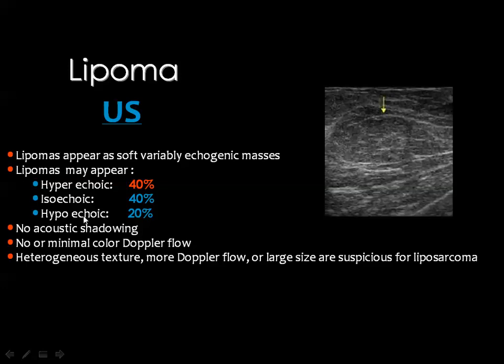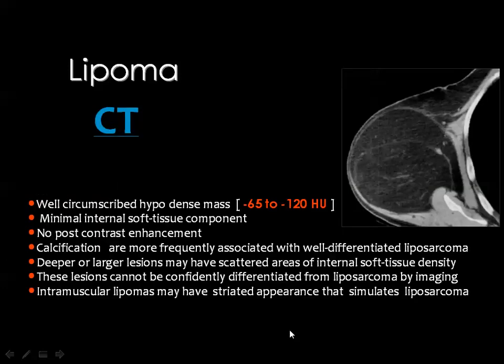There is no acoustic shadowing, and there is no blood supply or Doppler flow within the lesion. And if you see a heterogeneous texture, mixed echogenicity and hypoechogenicity with Doppler flow and large size, then be careful about the possibility of liposarcoma.